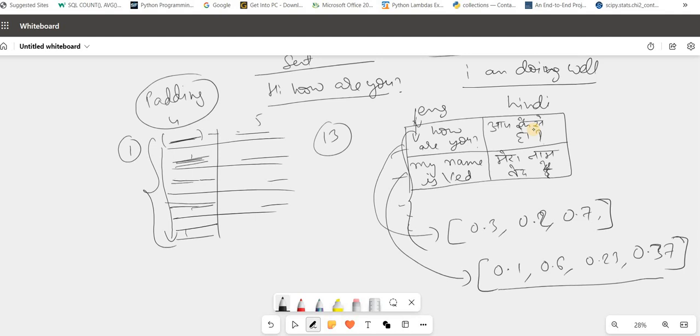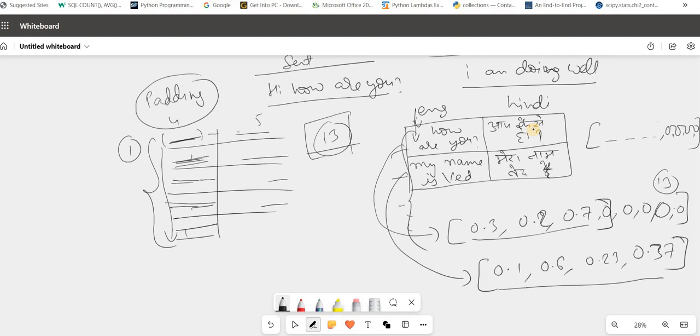Then I will add zeros on the left part. Here there are only 3, so I will add 10 zeros and it will become 13. If somewhere the length is 8, I will add 5 zeros, so it will become 13. All the vectors should be of the same length. That is called padding.